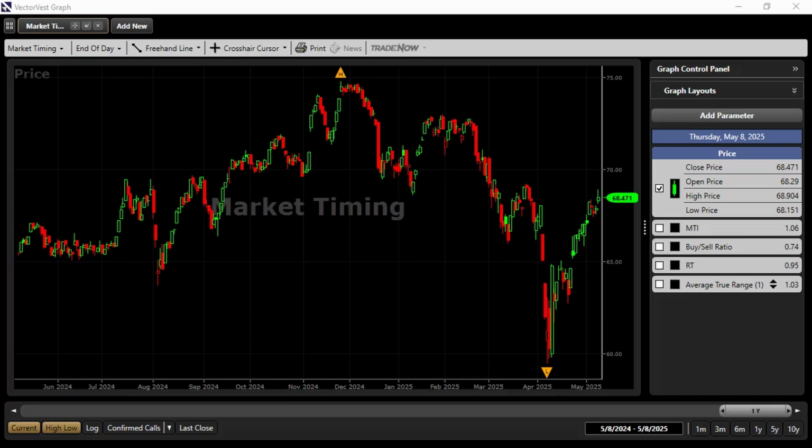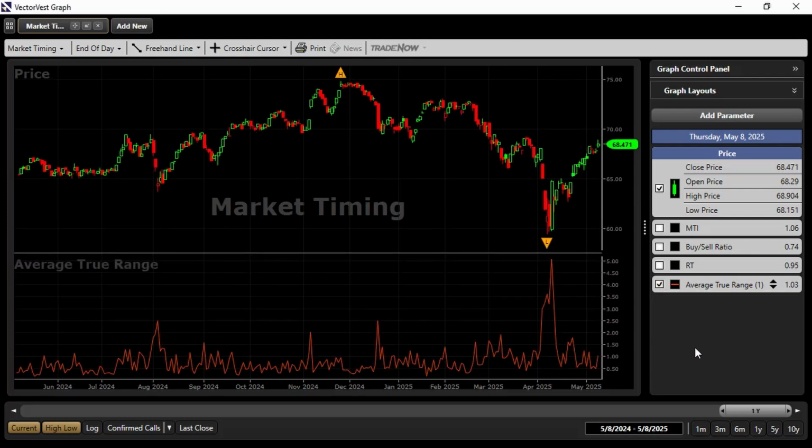We can measure that volatility with a technical indicator called the average true range. I've set it to a daily look back period, but this is going to measure for us the range of price, including any gapping action on each and every day. And notice the alignment that we have of those volatile price movements, right?